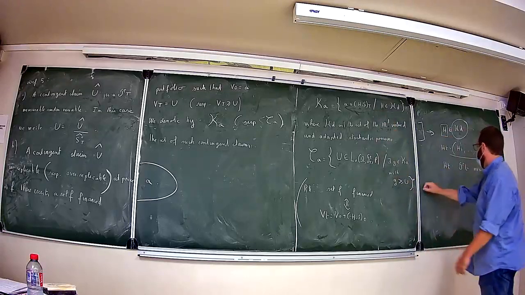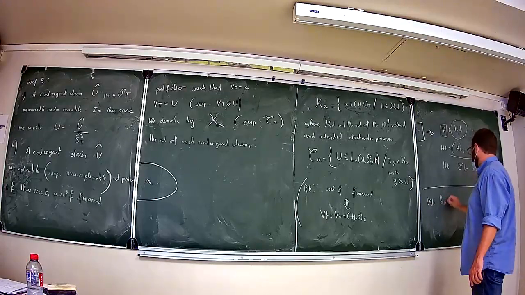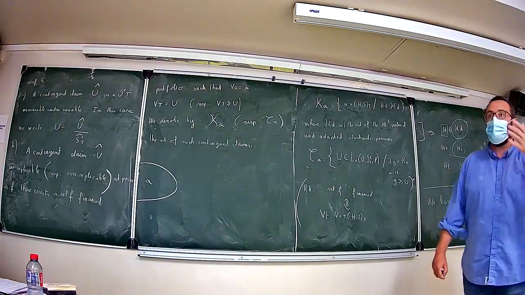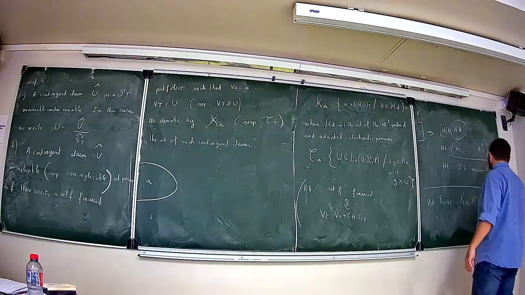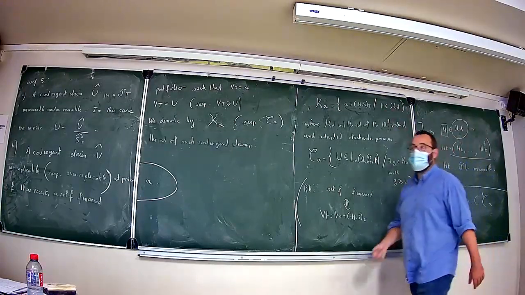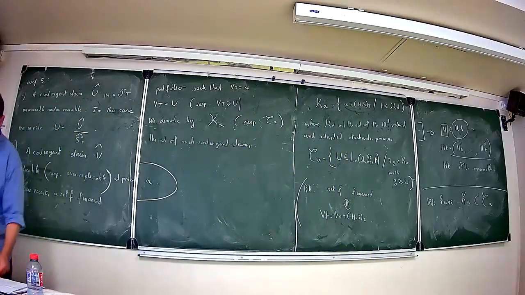It's exactly what I have said previously. If you are replicable, of course you are over-replicable. So K of A is included in C of A.